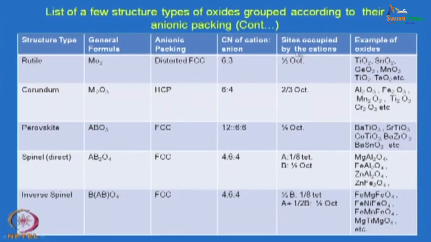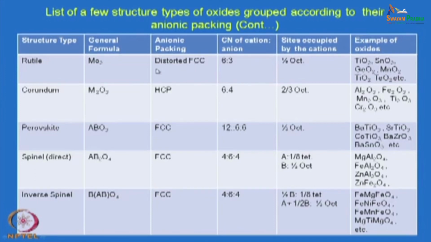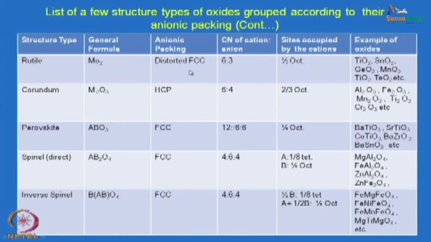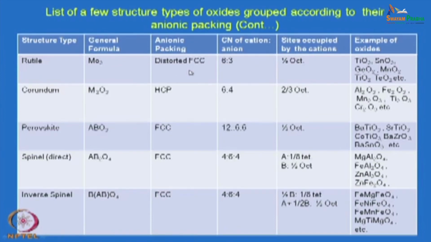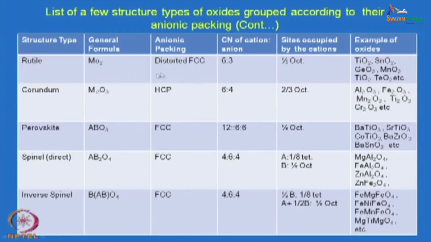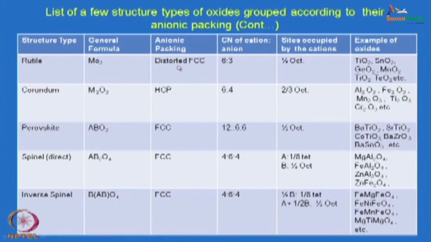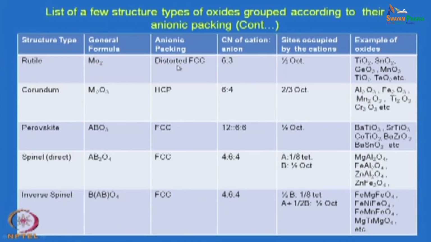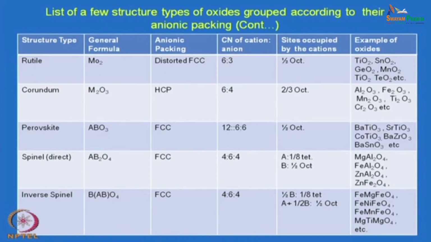So, this is a distorted FCC structure, it is not exactly FCC, or cubic. In fact, we will see the symmetry is tetragonal, but for our purpose at this point of time it is FCC, and the coordination number of the cation is 6 and that of the anion is 3. Half the octahedral sites are occupied in this case.